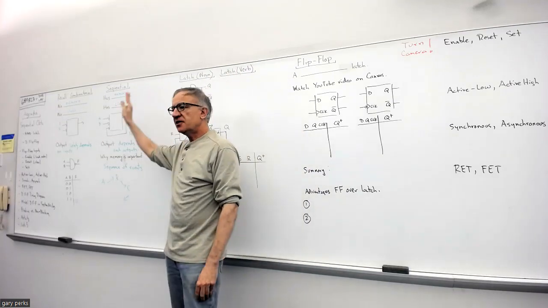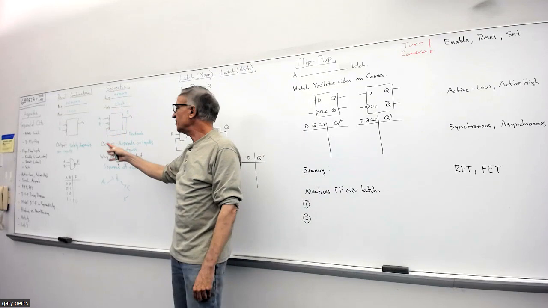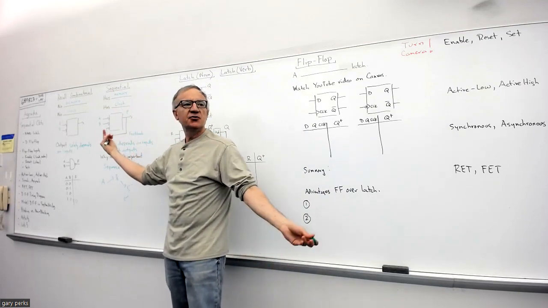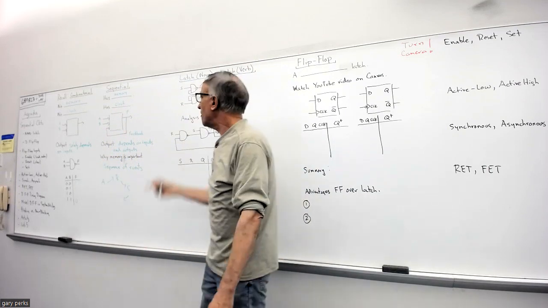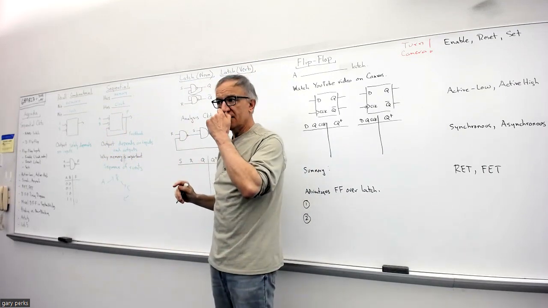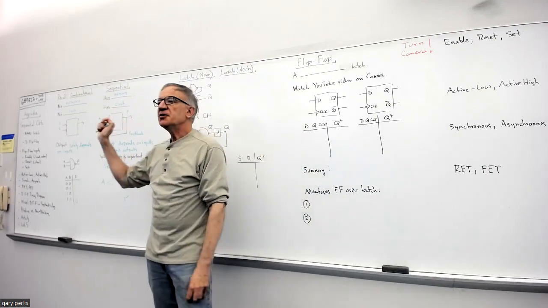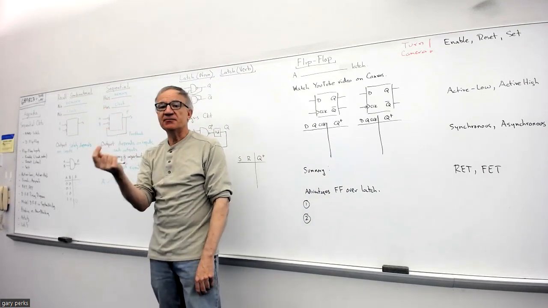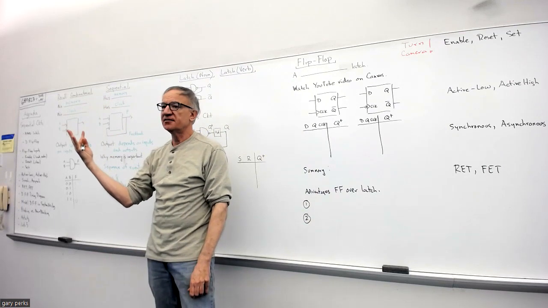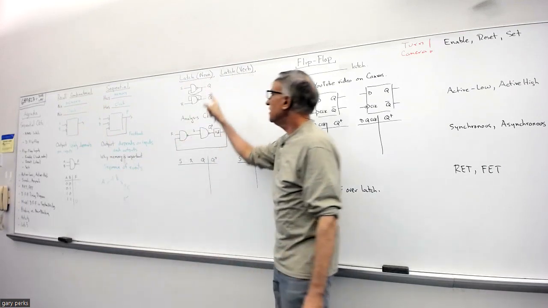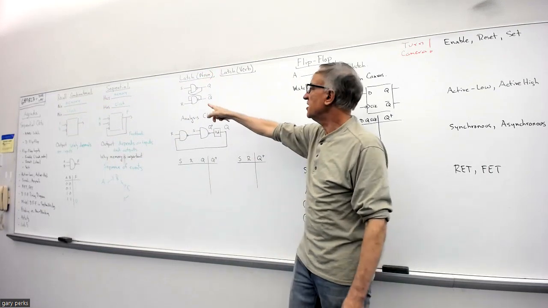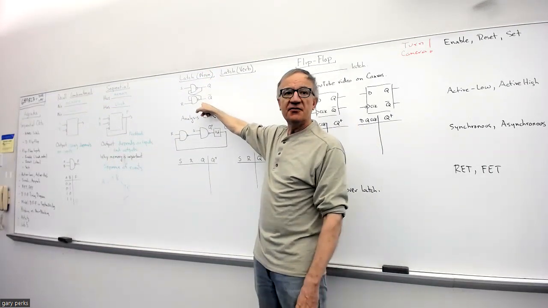Some basic overview discussion on sequential circuitry there. Now we're going to get more specific. Now we're going to look at the actual circuitry that has memory, that can store data. That circuitry is called a latch. Here's an example of a latch.